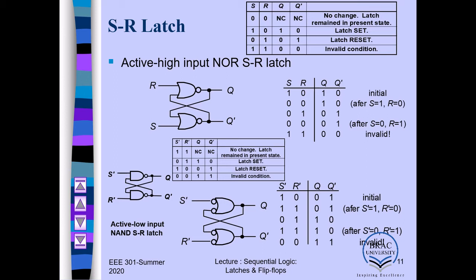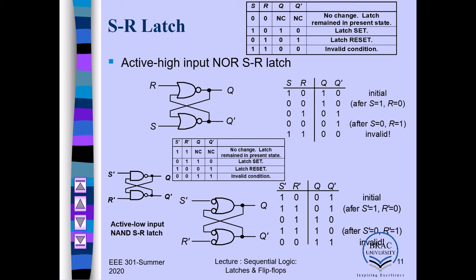If we start with S1 and R0, S1 means set high, so Q becomes 1 and Q prime becomes 0. If you then put 0, 0 in these two inputs, the outputs remain the same, no change. Previously it was 1, 0, so it stays 1, 0.